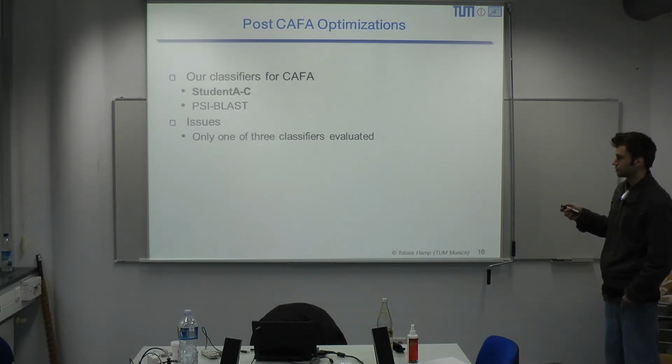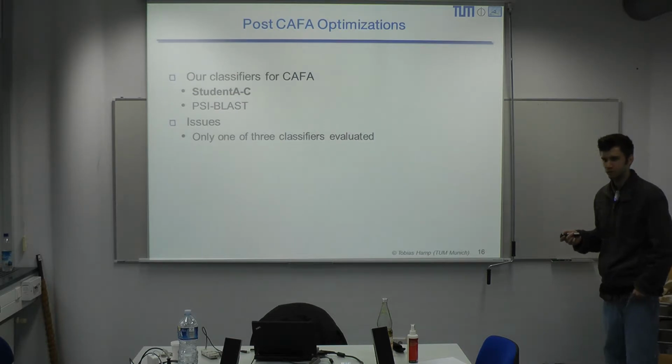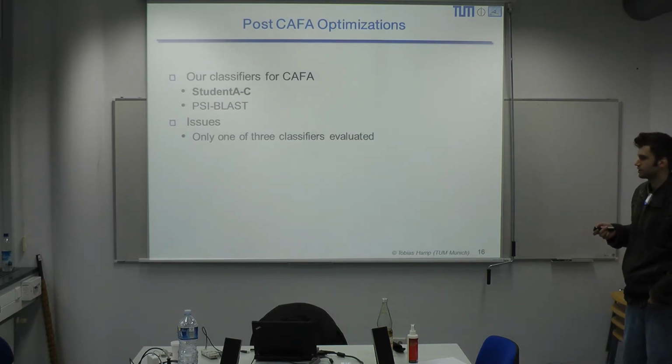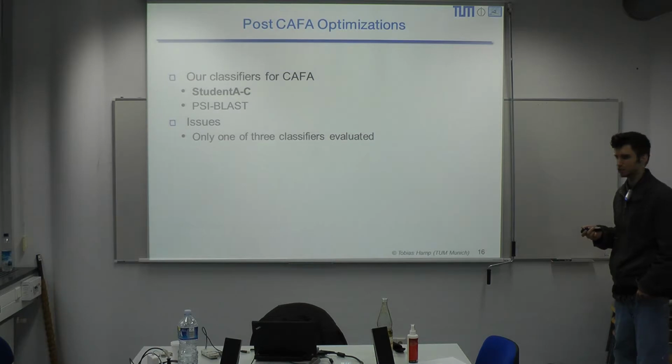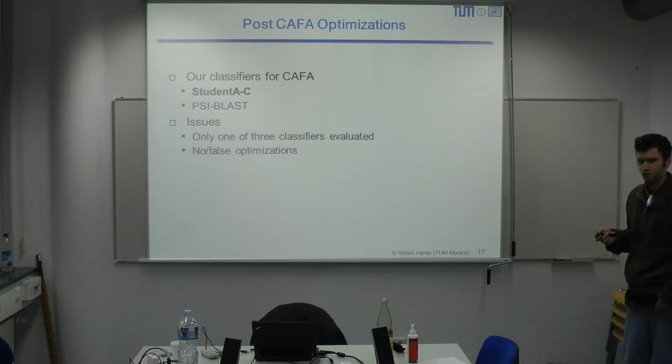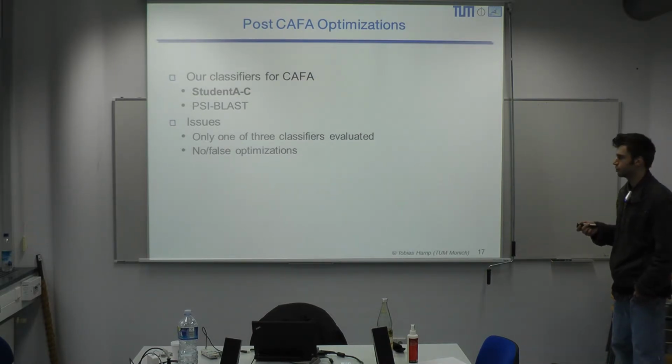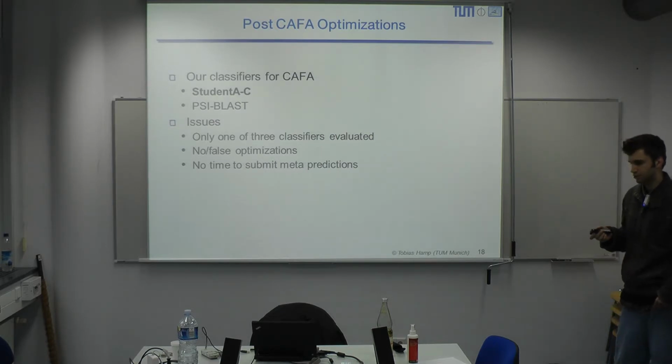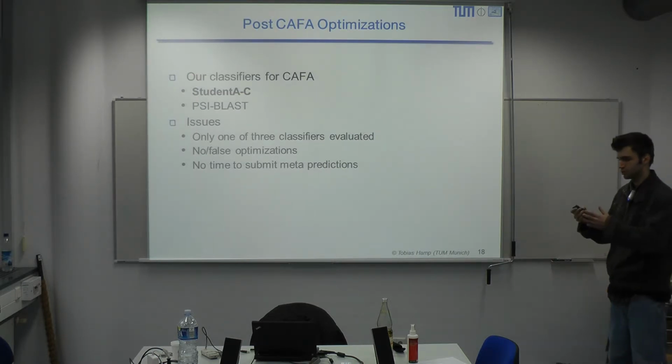CAFA always only evaluated one method. We had to choose the method, which was method A in our case, and there was another method, C, which actually performed better. So this was a rather bad choice. There were various free parameters among the methods that were not optimized or optimized in a suboptimal way. We did not have time, since the students submitted the methods rather shortly before the CAFA submission, so we did not have time to summarize the predictions in a meta predictor.